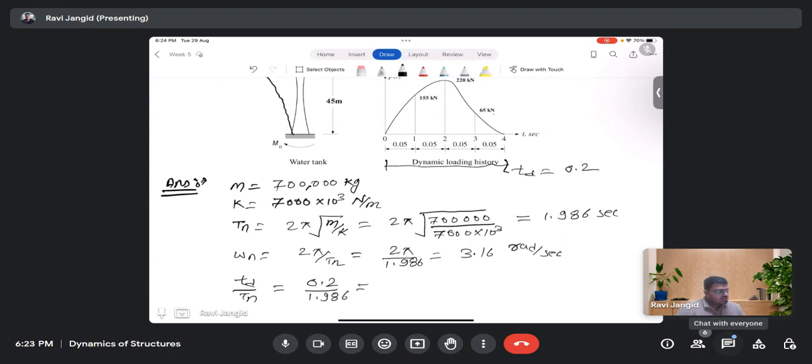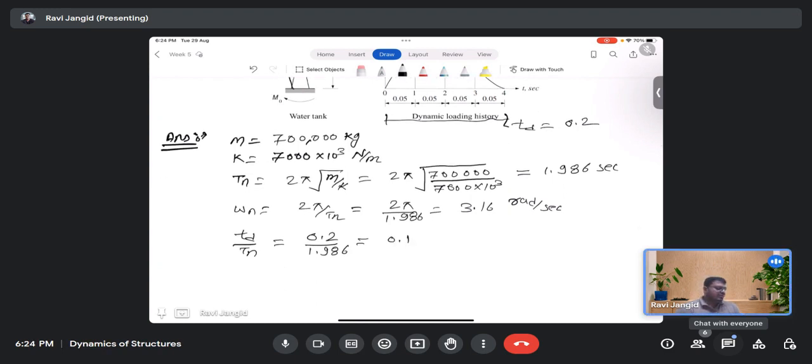So you are getting 0.1. If you remember during the class, if my TD by TN is less than 0.25, then the shape of the impulse or pulse doesn't affect my response.